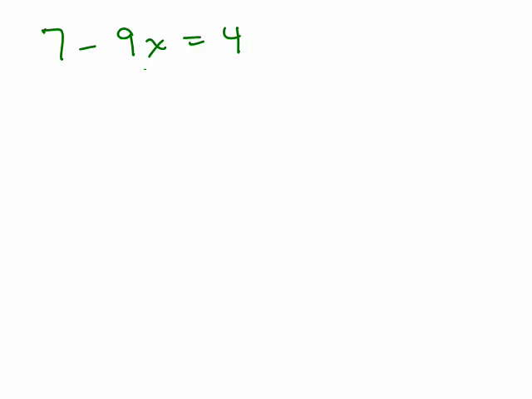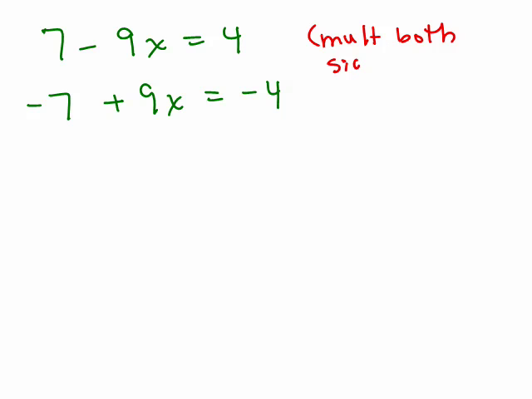And if there's a minus sign in front of the variable and you prefer it to be positive, just multiply both sides by negative 1, which means you change the signs of all terms. That becomes negative 7, that becomes plus 9x, and that becomes negative 4. So you would get that by, what I'm really doing is multiplying both sides by negative 1, which is the same thing as taking the opposite of both sides.